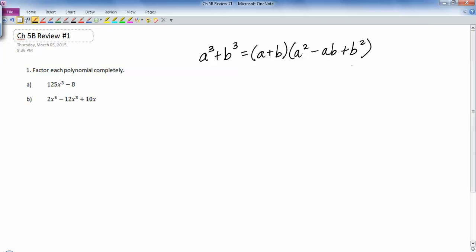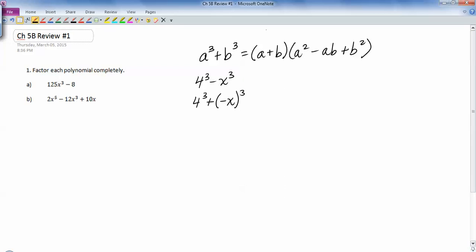If you wanted, you could memorize a minus version as well, but if you had something like 4 cubed minus x cubed, you could just think of it as 4 cubed plus negative x cubed, and then use this formula, where a is 4 and b is negative x, and that'll work fine.